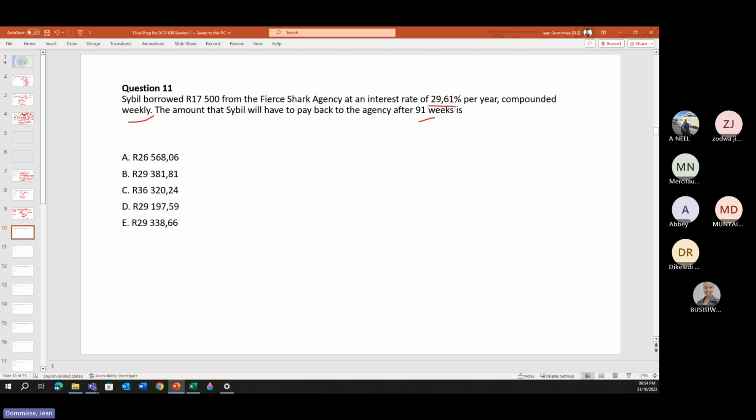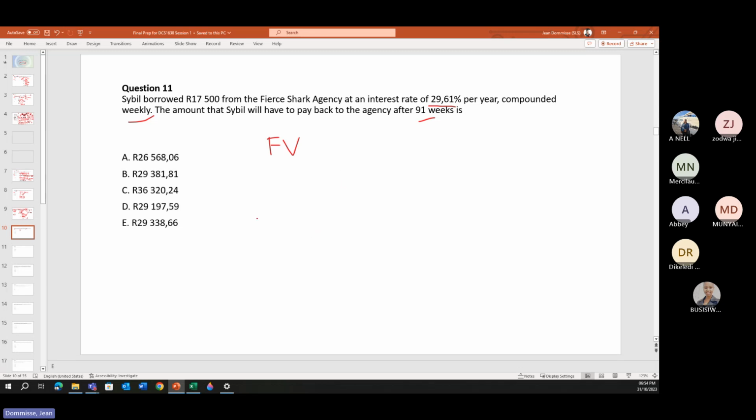In a question like this, you can use your calculator, because we need to work out a future value. We need to be very careful then what we use.